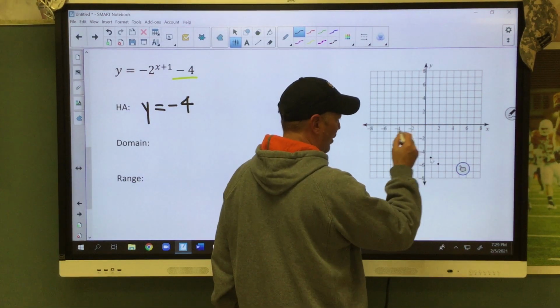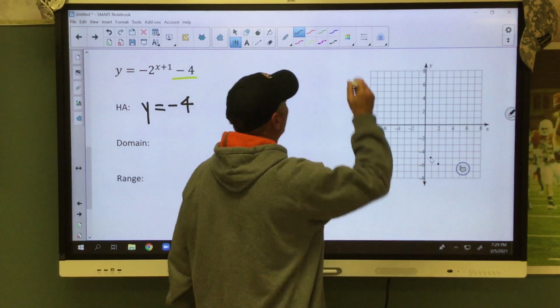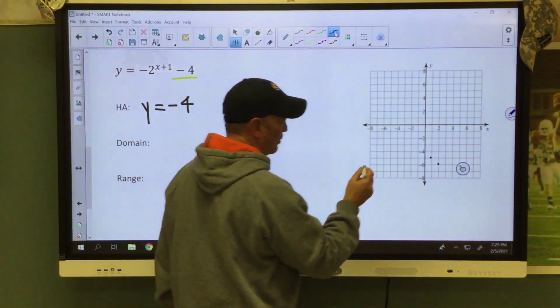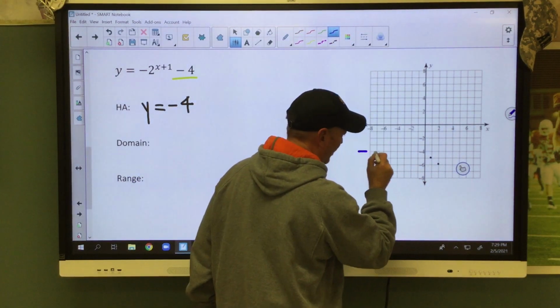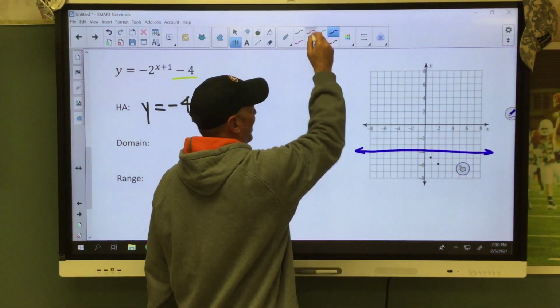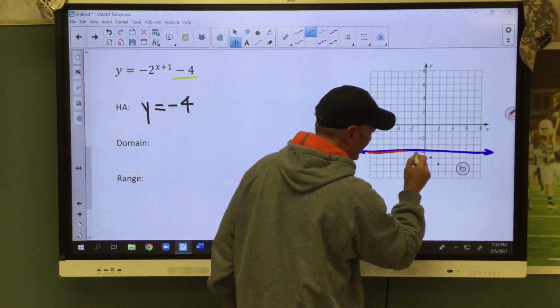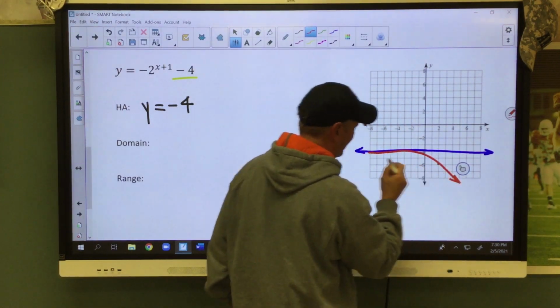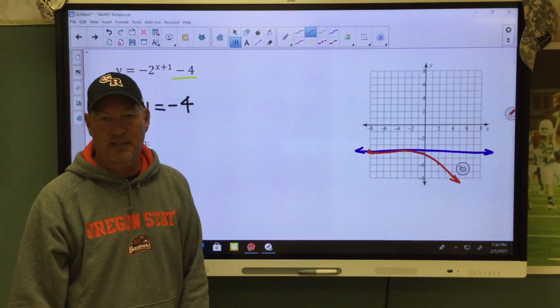So we're going to go here, and my horizontal asymptote was going to be where? I have a horizontal asymptote at -4. And we're going to come here close, and we're going to break down. Does not have to be exact.